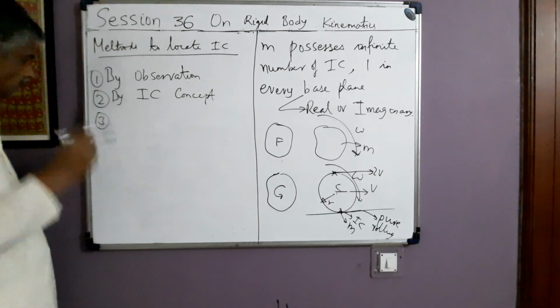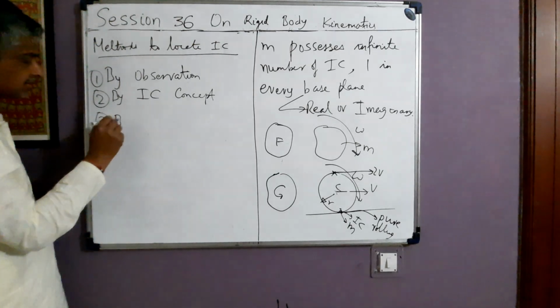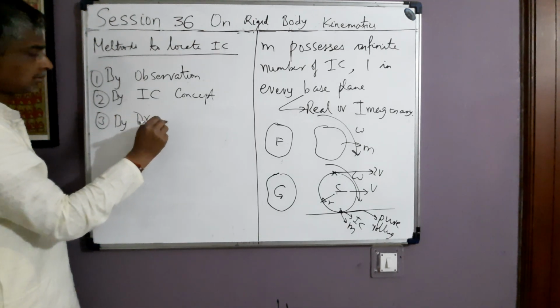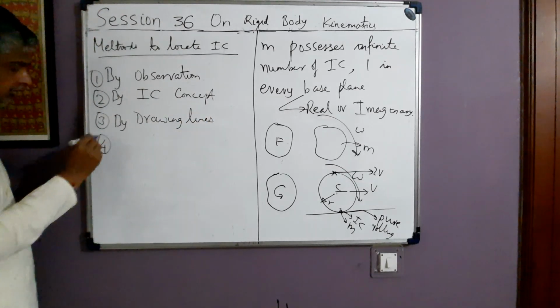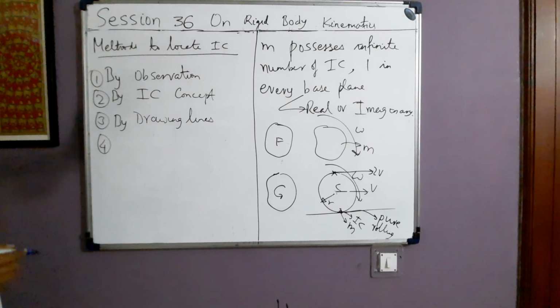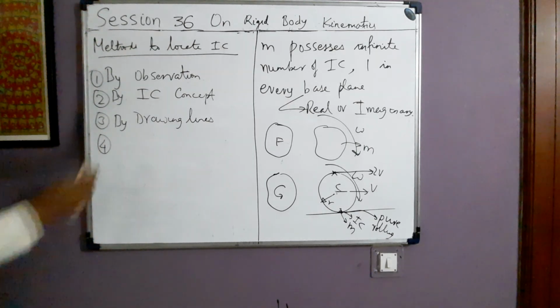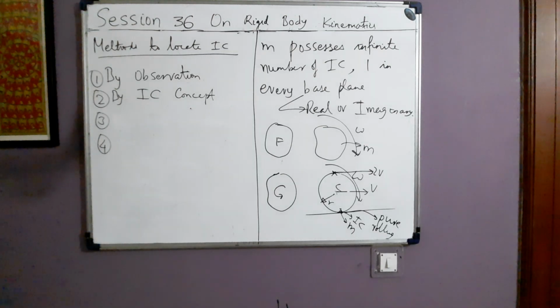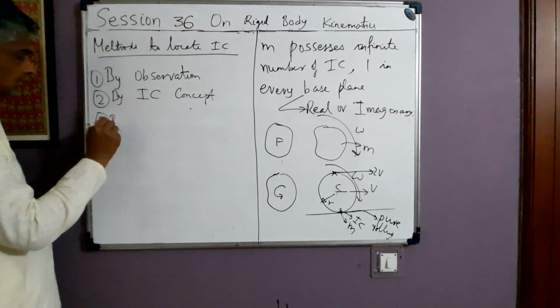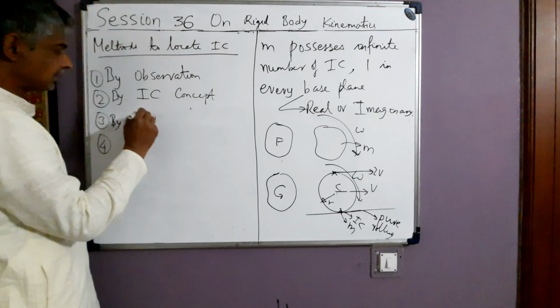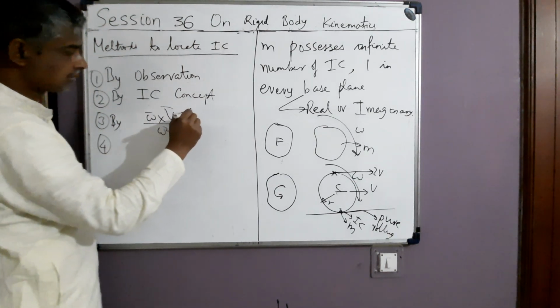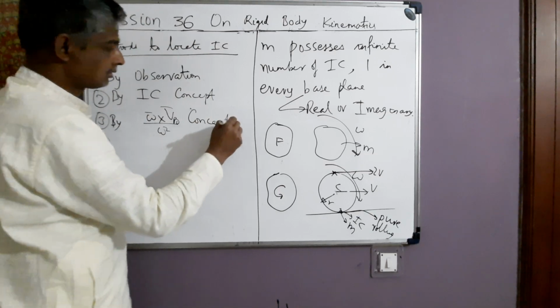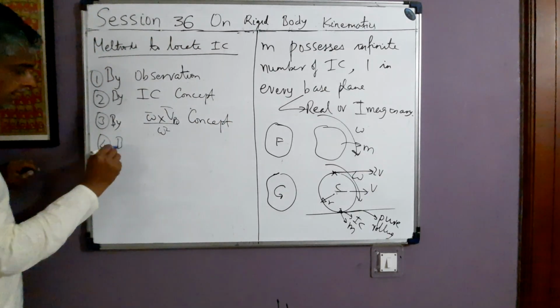Third is by drawing lines. Fourth is by the concept of omega cross V_P0 by omega square.